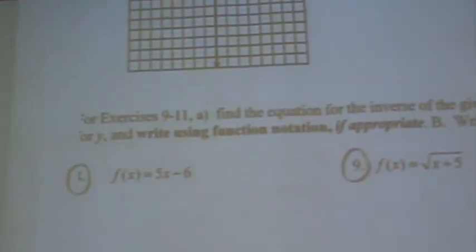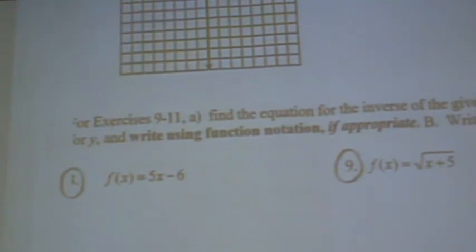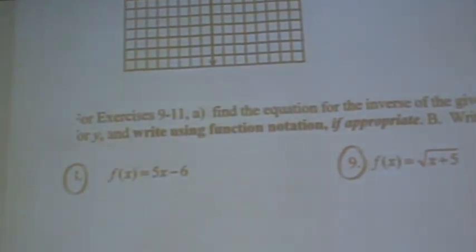Okay, the next one. This is on your test. If you are given, there's 2 inverse questions. How do you find the inverse, whether I give you a set of ordered pairs, or if I give you an equation?